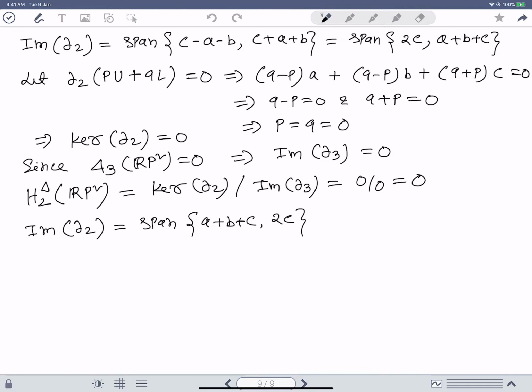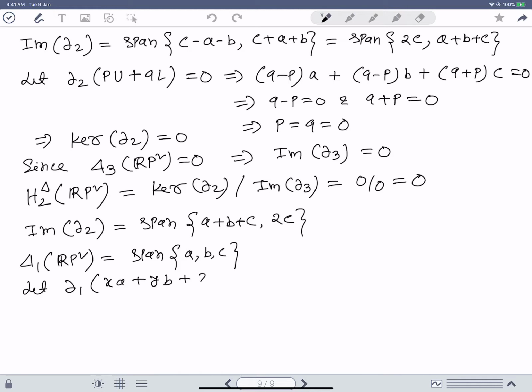Now we want to find kernel of ∂1. Now ∂1 of RP2 is spanned by a, b and c. Therefore let ∂1 of xa plus yb plus zc equal to 0.